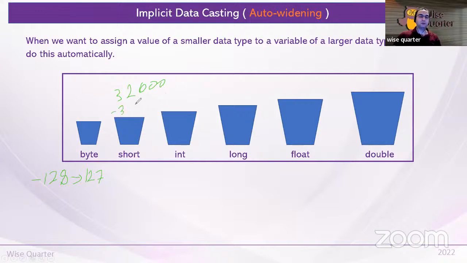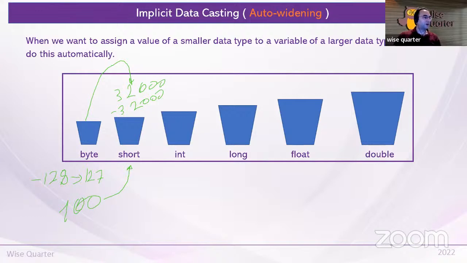And minus 32,000. So whatever number byte has, without any problem, it can be stored as a short. Let's say we have 100. 100 will always be within short's capacity. But if I try to assign a short to byte, system will complain.